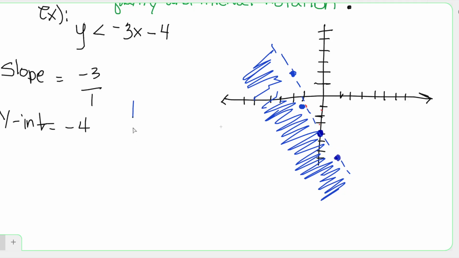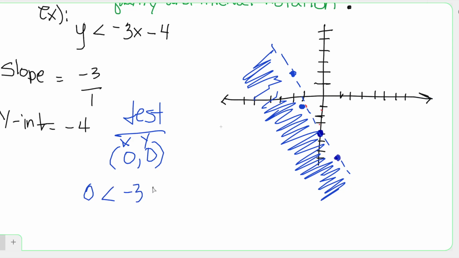Another way that you can test this is with 0, 0. The graph, if you notice, does not go through 0, 0, but you can just plug it in to see if it's true. Let's try it. This is x and this is y. If you plug in 0 for y and 0 for x, we have 0 less than any number times 0 is 0.